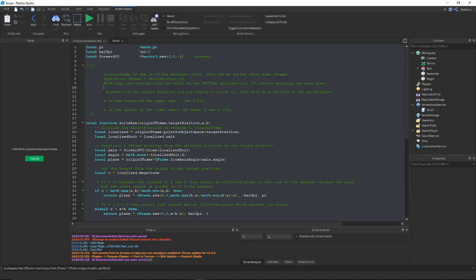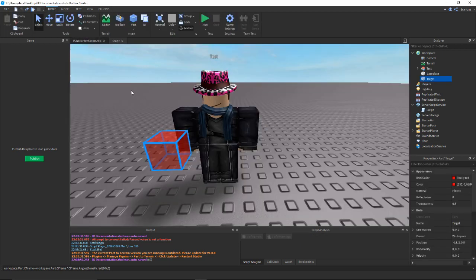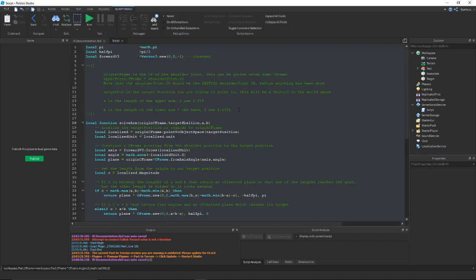Next, the target pos, or target position here, is the target position you are trying to point to, which in this case will be this little red dot. And this will always be a Vector3 in world space. Next, A will be the length of the upper arm, in which case I use 0.515 from another person's values that they have calculated.